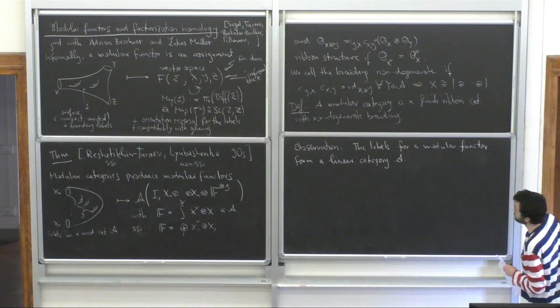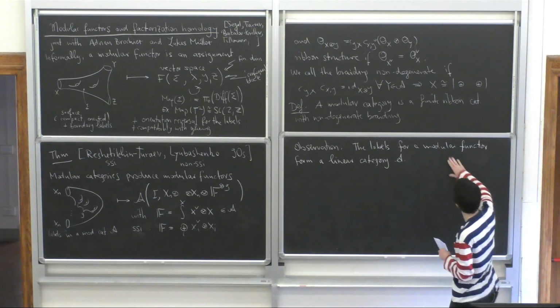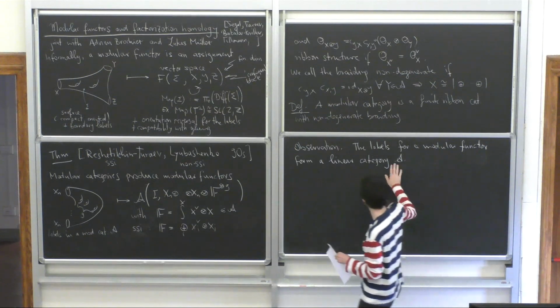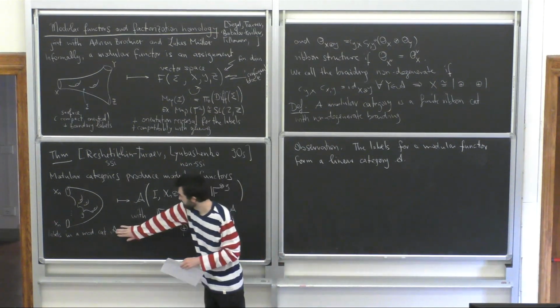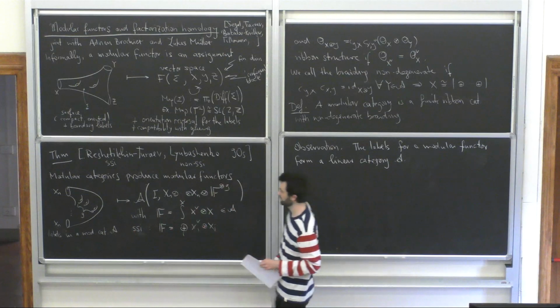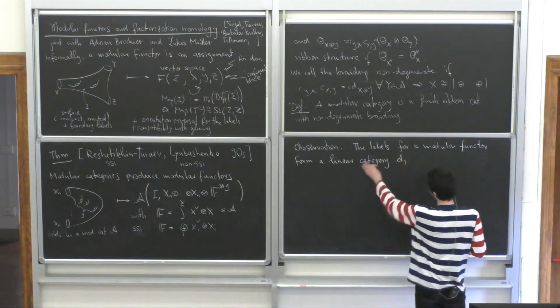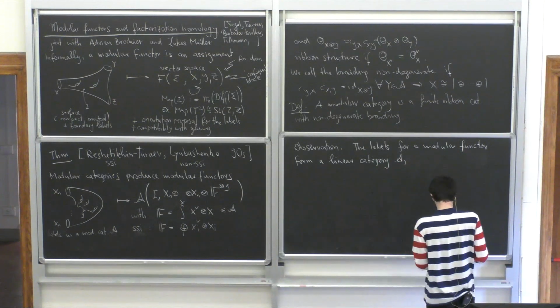That is good, because it means that if we have such a modular functor, then we already have such a category, and by the notation I already suggest that there's a relation to this one, and this is in fact going to be true. But at the moment this is just a linear category, there's no more structure on it.